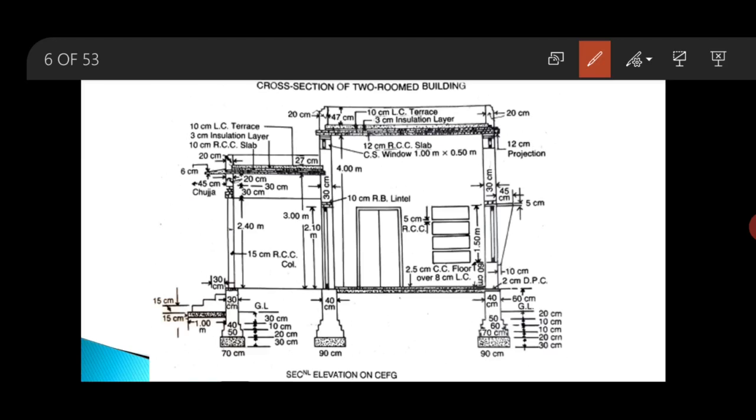This is the 30 centimeter wall and this one is the foundation details of the 30 centimeter wall. From this you can see the width of the foundation is equal to the width of the excavation. So this width, that is 90 centimeter, is taken as the width of excavation.